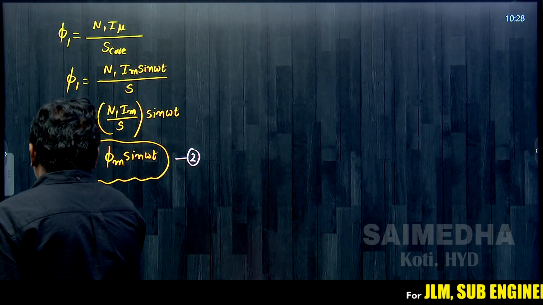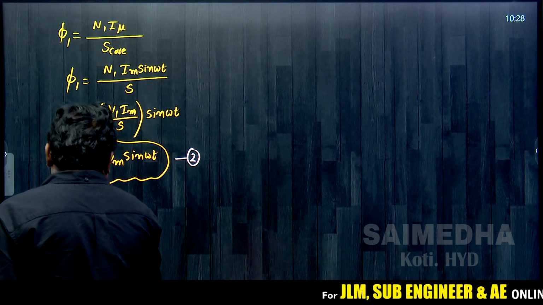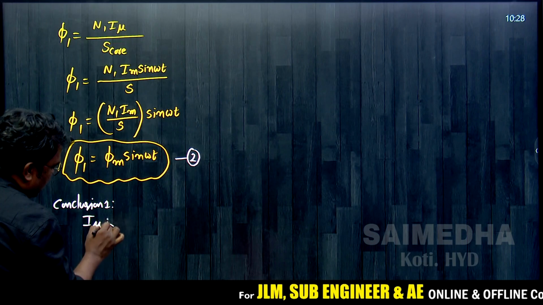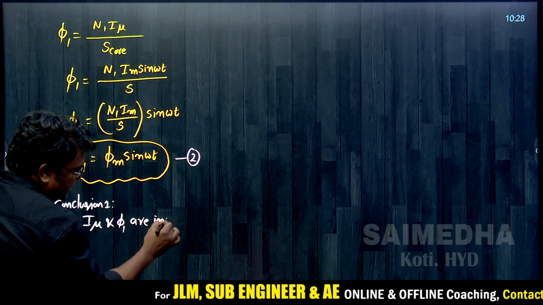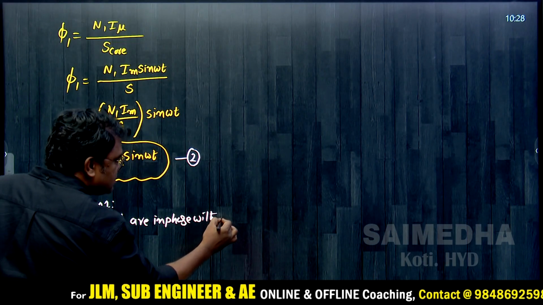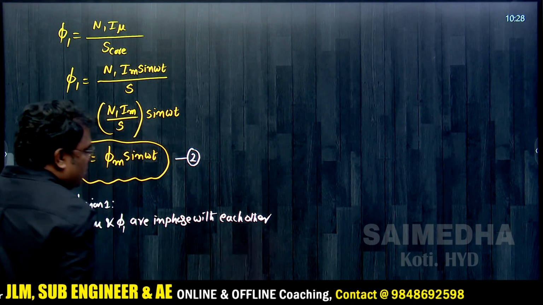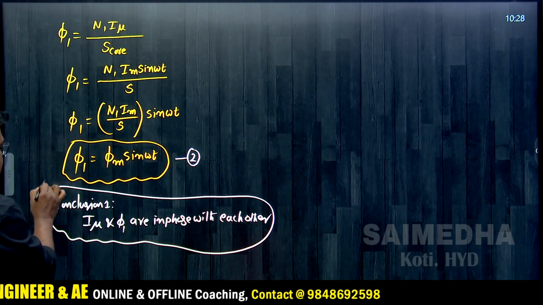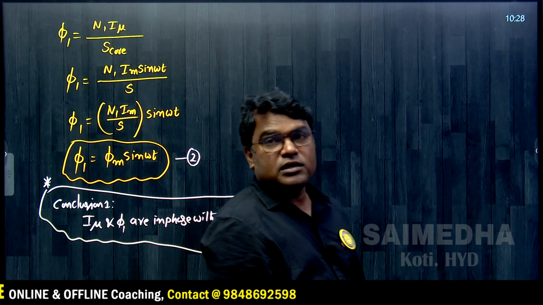The magnetizing current and flux phi 1 are in phase with each other. So what is the relation between the flux and the magnetizing current? The flux and magnetizing current are in phase with each other.